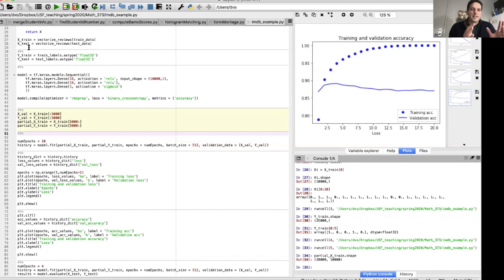A typical process is you train your model on the training data. You see how it did on the validation data, and then you say, oh, it overfits, so we need to use fewer epochs, or we need to use regularization, or we need to use a different architecture. And so you tweak your hyperparameters, you train again on the training data, and you check how you did on the validation data.